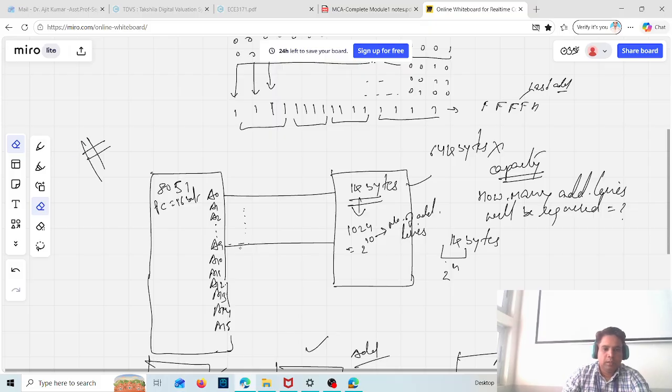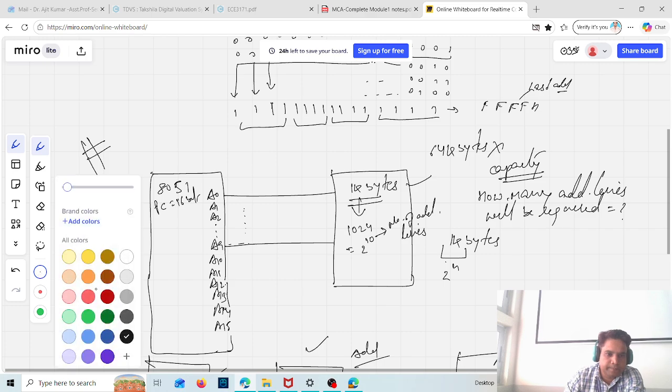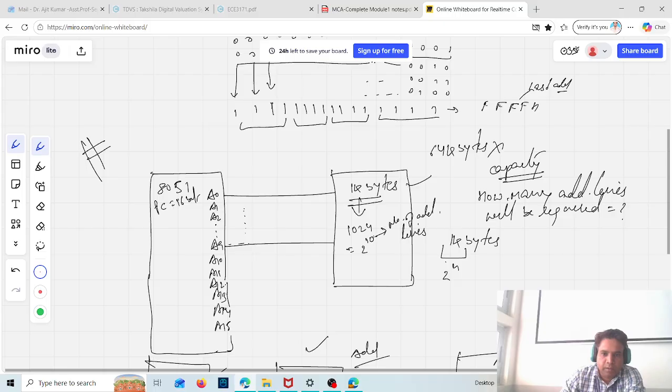Now the thing is, this memory chip needs only 10 address lines. So 10 address lines means A0 will be connected with A0 of your memory chip. A1 address line will be connected with A1 address line of your memory chip.